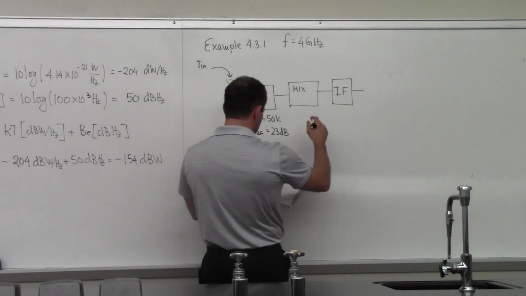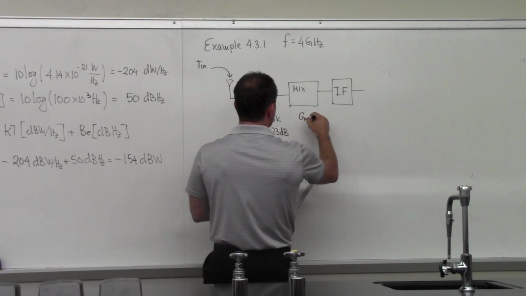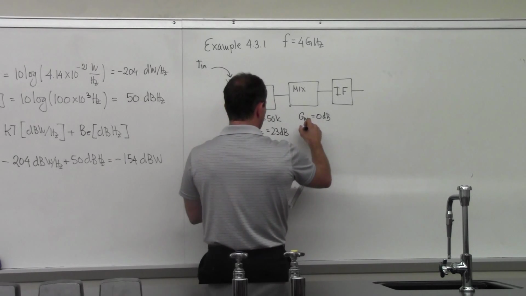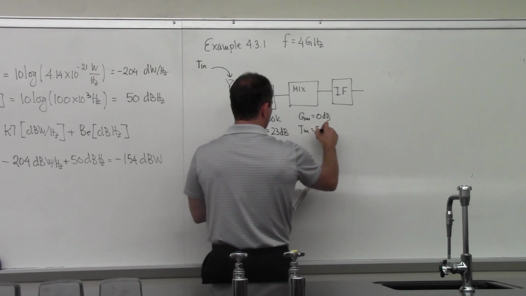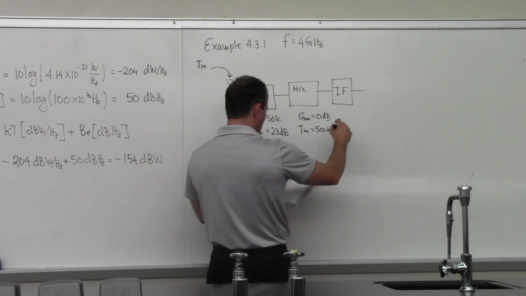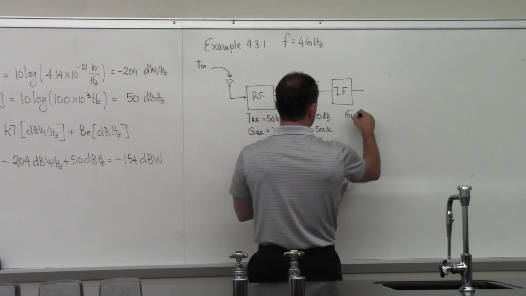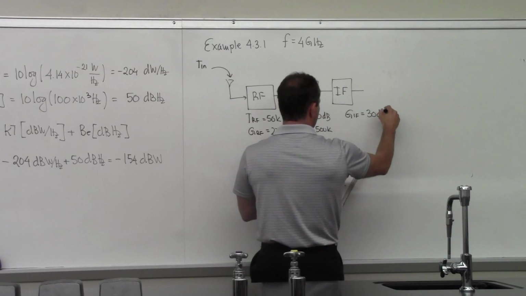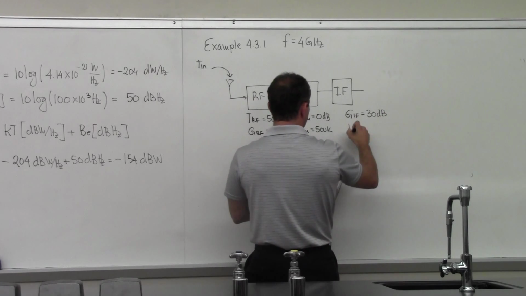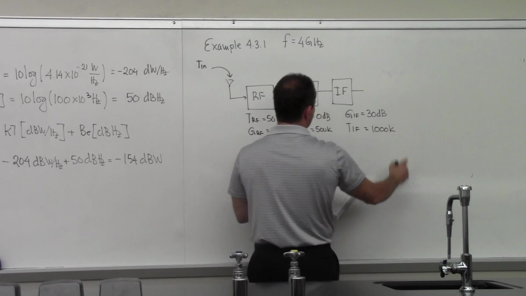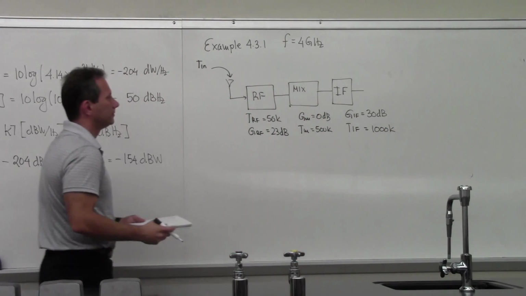Then you have a mixing stage that has a gain of 0 dB and noise temperature of 500 K. And then you have your IF stage that has a gain of 30 dB, 1,000 times, and the noise temperature of 1,000 kelvins, right? So it's very large.